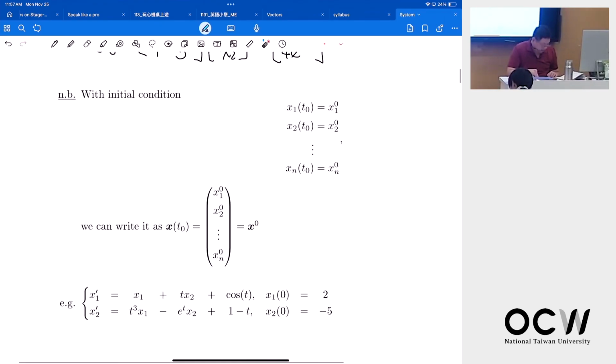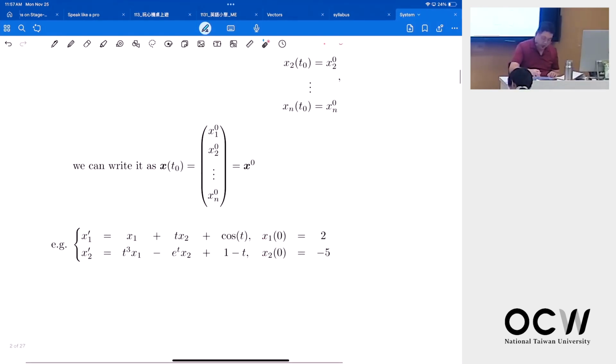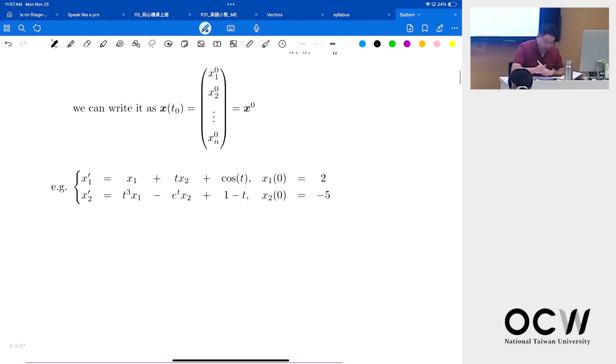Then for this equation with the initial conditions, let's write it down again. So x prime, that consists of x1 prime and x2 prime.